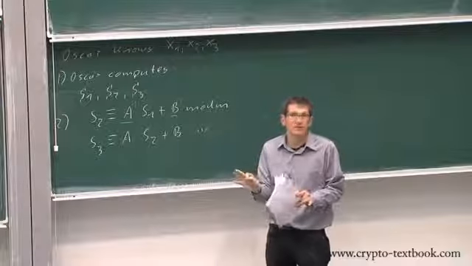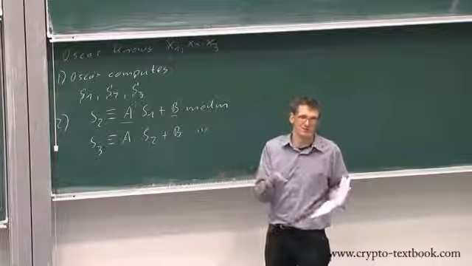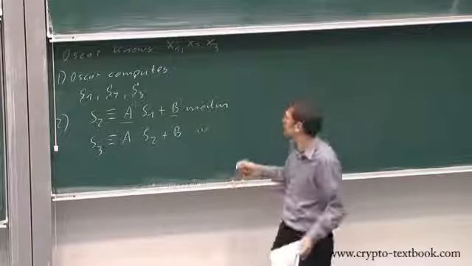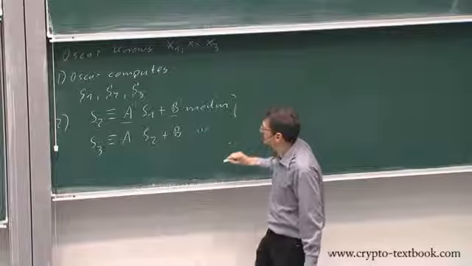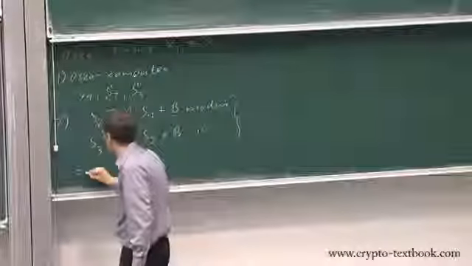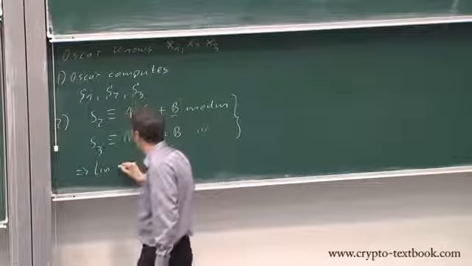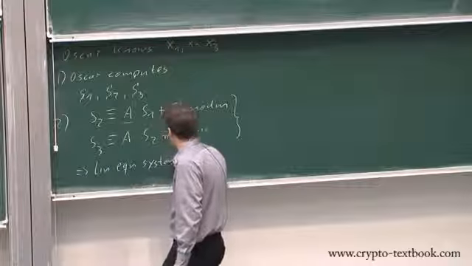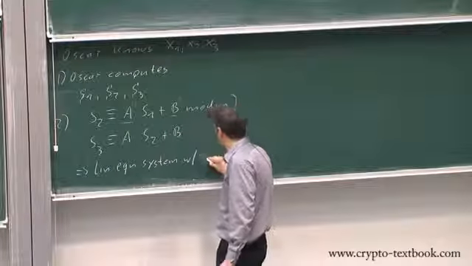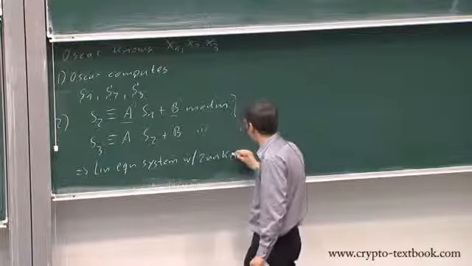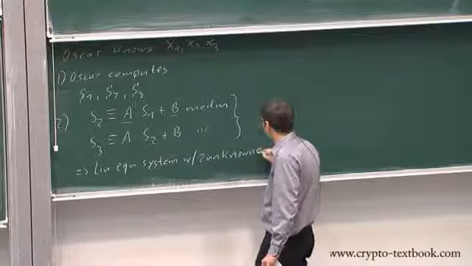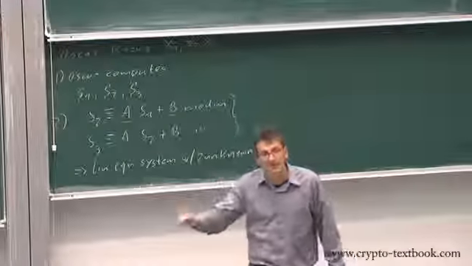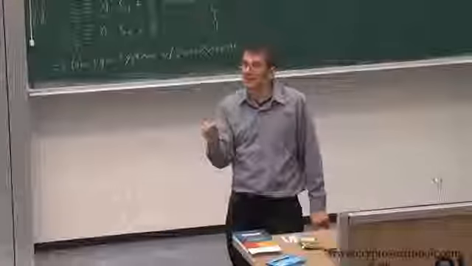And now the attacker won, and Alice and Bob lost. Now the system is broken. Why is that? This is a linear equation system with 2 unknowns. And my son Noah has been doing that since 8th grade.